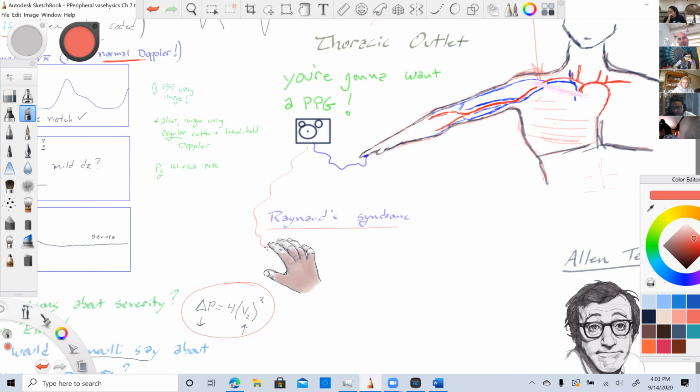We all will have a bit of a response. We all vasoconstrict because our body says, ooh, we're cold, we need to keep the middle warm, so we're going to sacrifice the fingers. But people with Raynaud's syndrome have a hypersensitivity to that, and they vasoconstrict like crazy. And that is what my daughter's toes look like, but not her fingers.